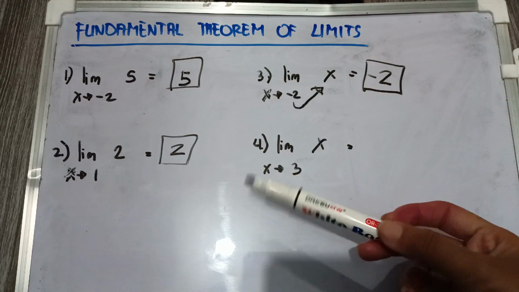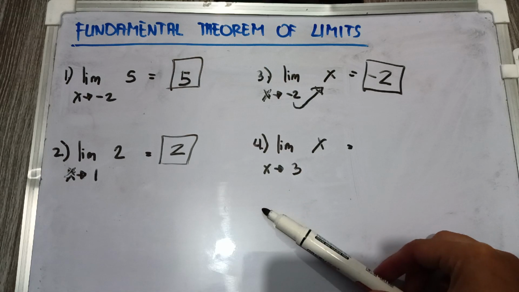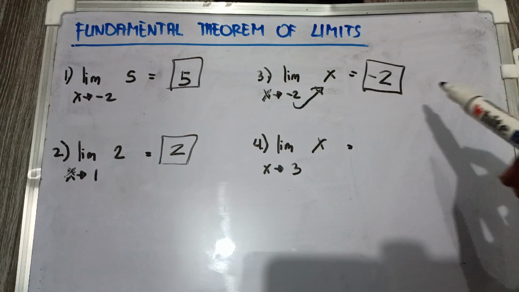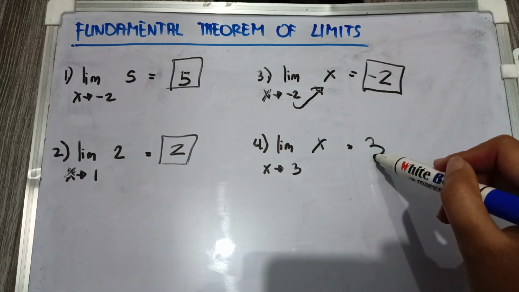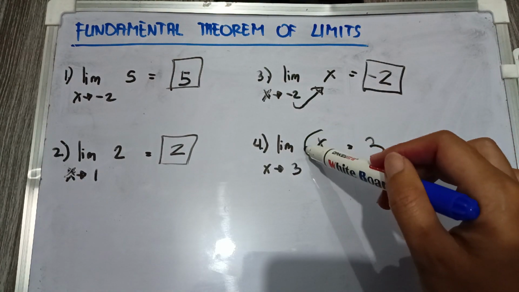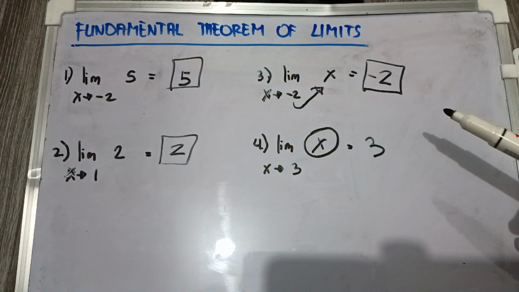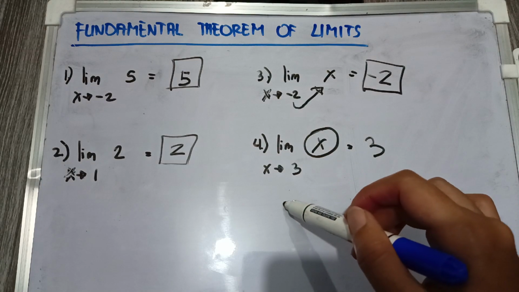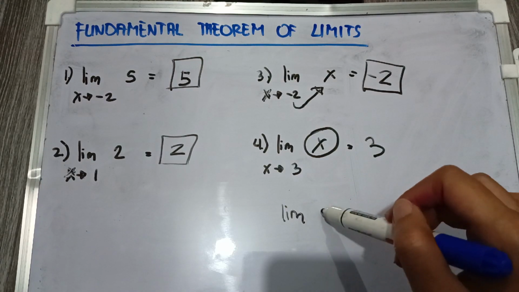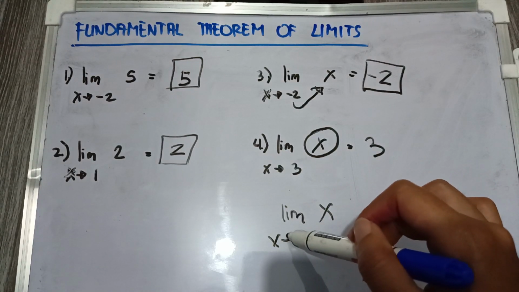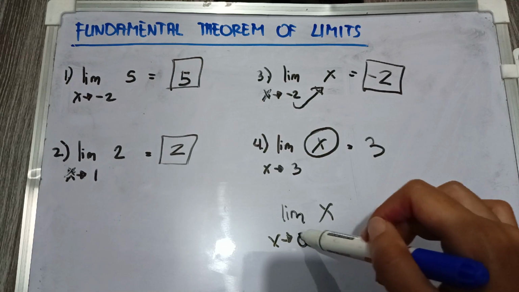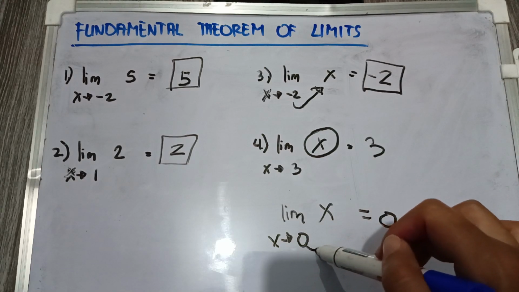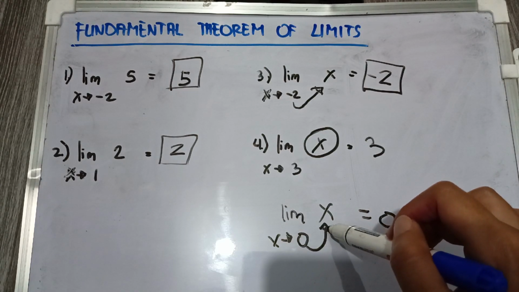In example number 4, the limit of x when x approaches 3 is 3, because there is a variable. Now what is the limit of x if x approaches 0? The answer is 0. Just substitute x to this.